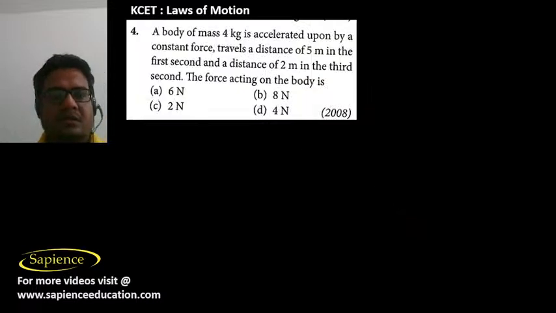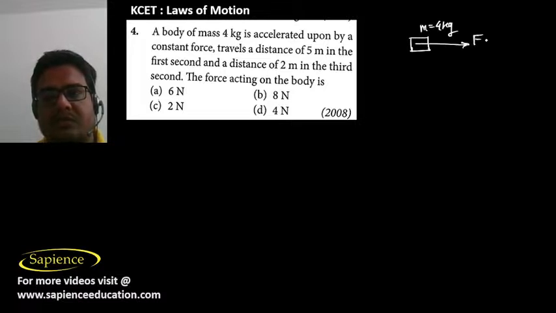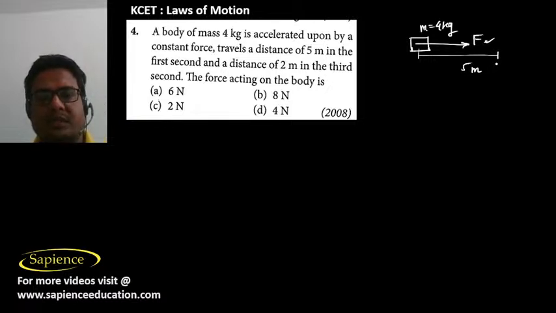Then, a body of mass 4 kg is acted upon by a constant force. The body has mass 4 kg and is accelerated by a constant force, and it travels a distance of 5 meters in the first second and a distance of 2 meters in the third second.